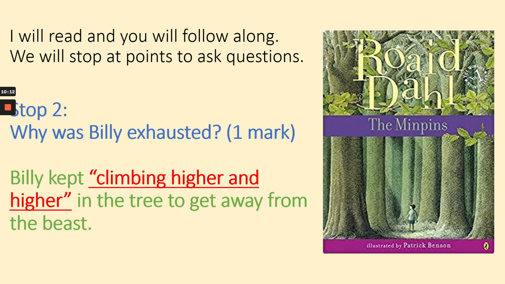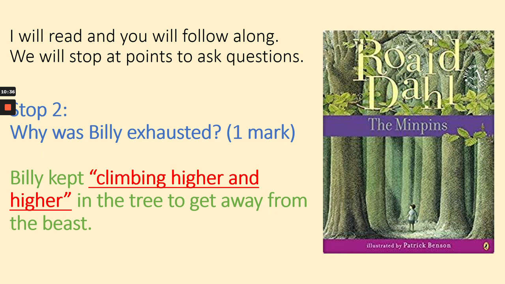Fantastic, let's get going. He looked up, but even now he couldn't see the top of the giant tree. It seemed to go on forever. He looked down. He couldn't see the ground either. He was in a world of green leaves and thick, smooth branches with no earth or sky in sight.